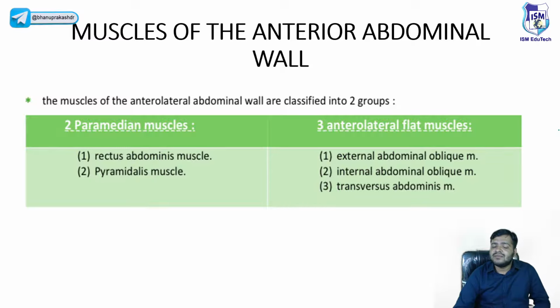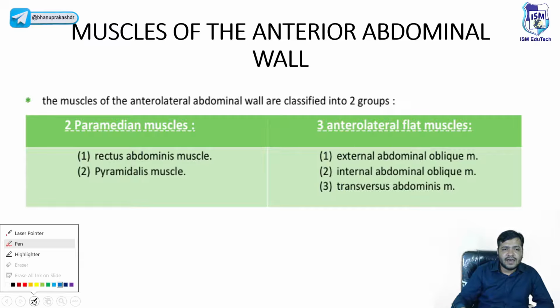Now, coming on to the muscles of the anterior abdominal wall, we have in totality five muscles that I have to discuss with you in detail.